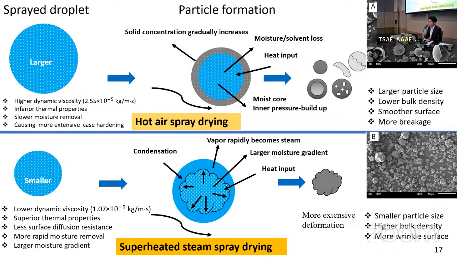Moreover, condensation that might have formed on the droplet surface during initial contact between the atomized feed and superheated steam might have prevented the skin formation on the surface of such droplets that normally forms in the case of hot air drying.